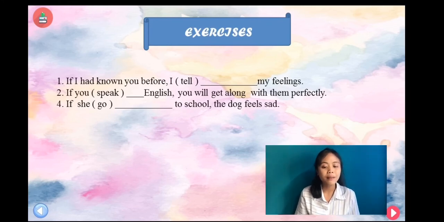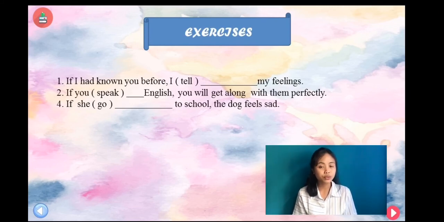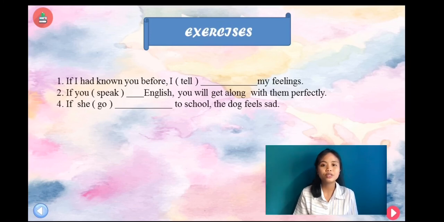If you speak blank blank blank English, you will get along with them perfectly. For number 2, do you know what type it is? Number 2 is type 1. So the answer will be: if you speak English, you will get along with them perfectly.